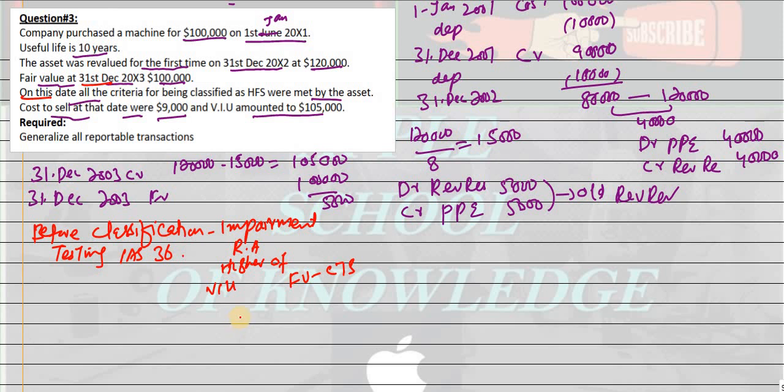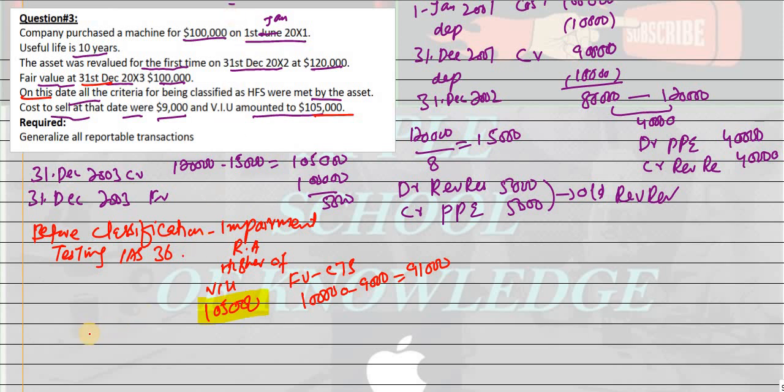So the value in use here is 15, you see, 15,000, and fair value less cost to sale, so the fair value is 100 and less cost to sale is 9,000, so that is 91,000. And if we take the higher figure, we will take 15,000.